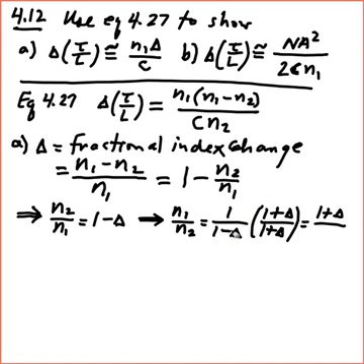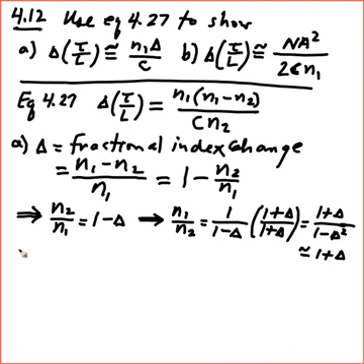I get a 1 minus delta plus delta, they cancel, and then minus delta squared. And that's what we're always looking for in these approximations, just like problem 4.8, where we can ignore the delta squared terms. And so this is approximately equal to 1 plus delta. Okay, so n1 over n2 is 1 plus delta.